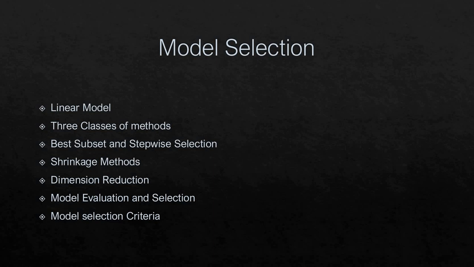Then we have the Bayesian information criterion, which is similar to AIC but imposes a stricter penalty on the number of predictors. The last one in this section is adjusted R squared, a modification of R squared that adjusts for the number of predictors in the model.